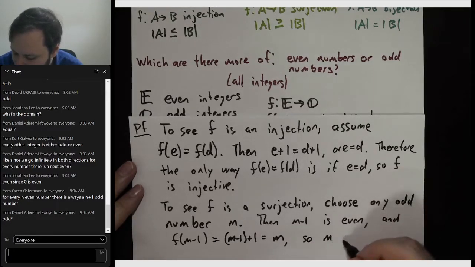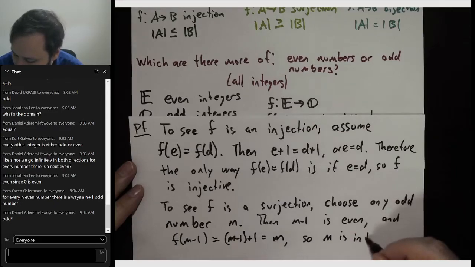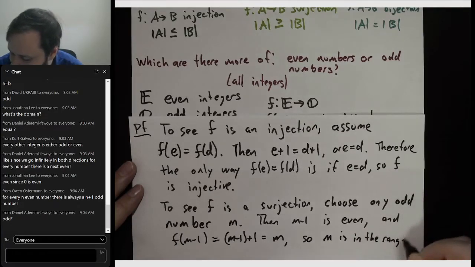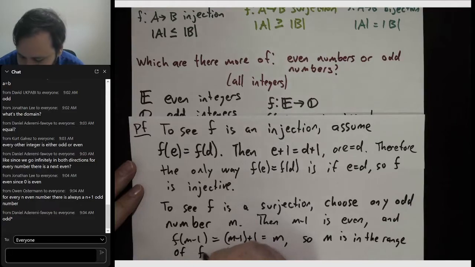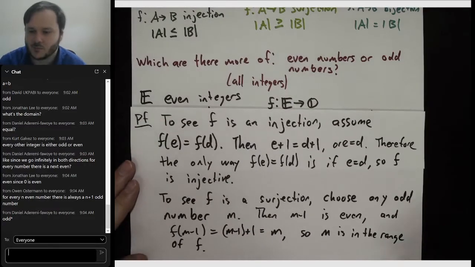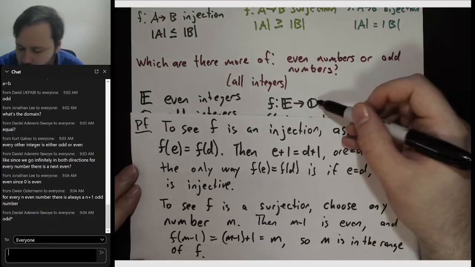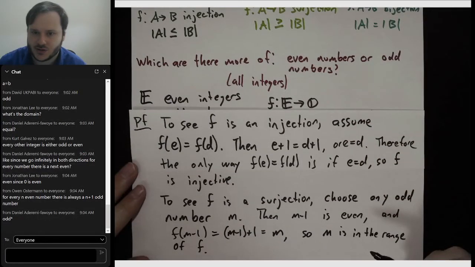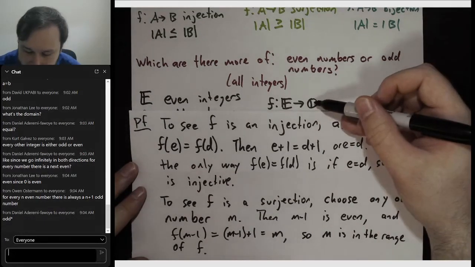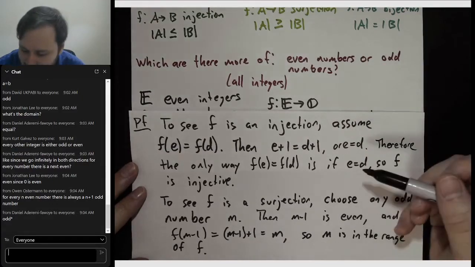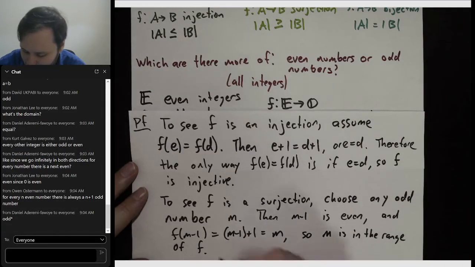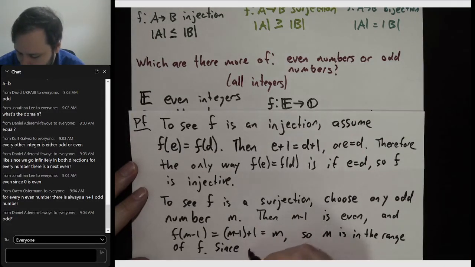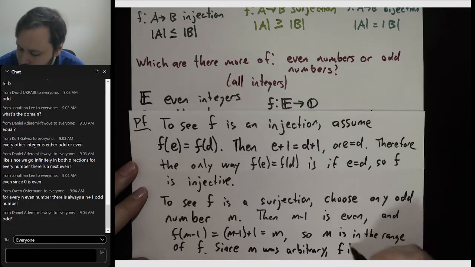So m is in the range of f. And since m was arbitrary, every odd number is in the range, and that means the range is equal to the codomain, that means f is a surjection.